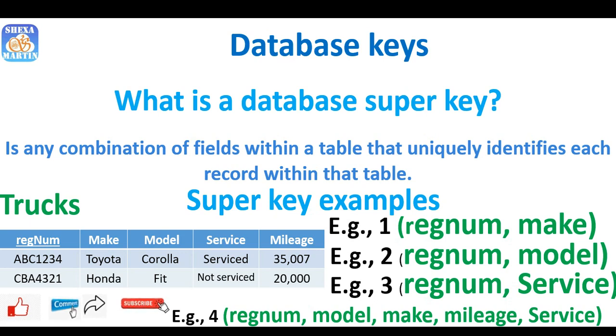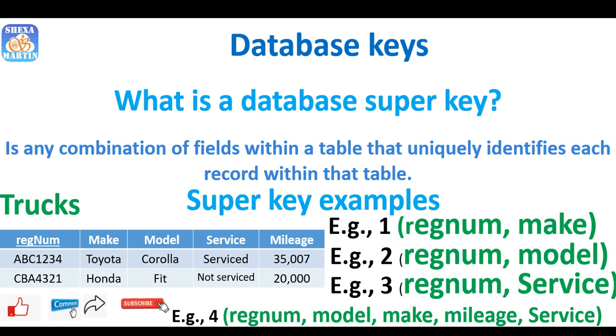So if we combine a column with a unique attribute with any other column, we can form a super key. So that's what we have here.